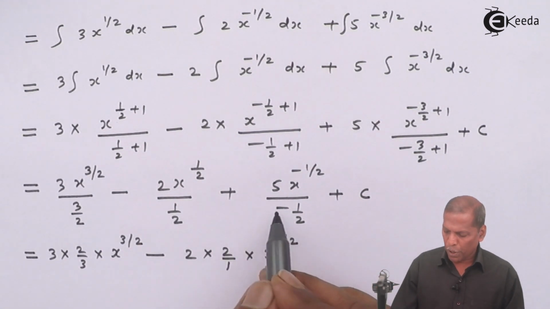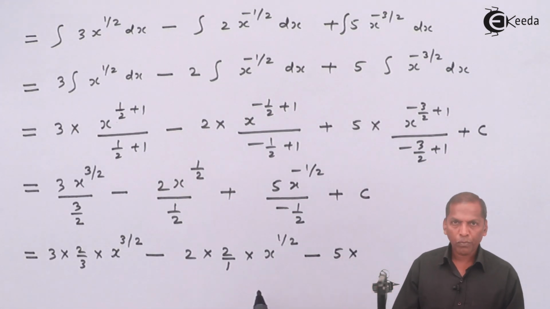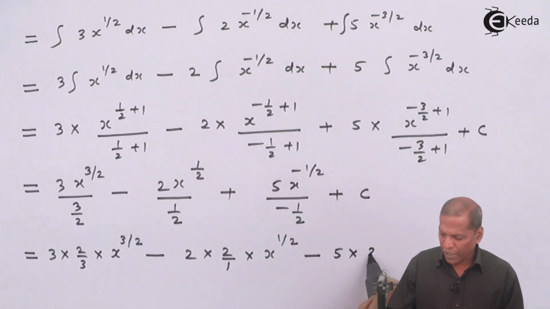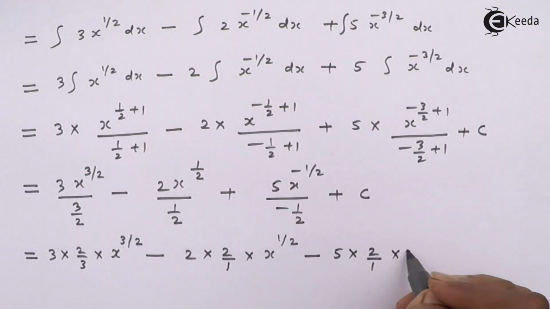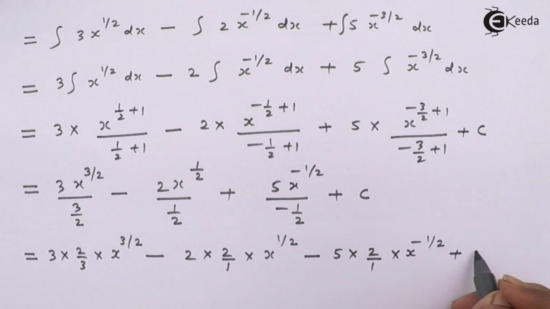Then plus minus gives us minus, then 5 into 1 by 2, if we take it in the numerator, can be written as 2 by 1 into x raised minus 1 by 2 plus c.